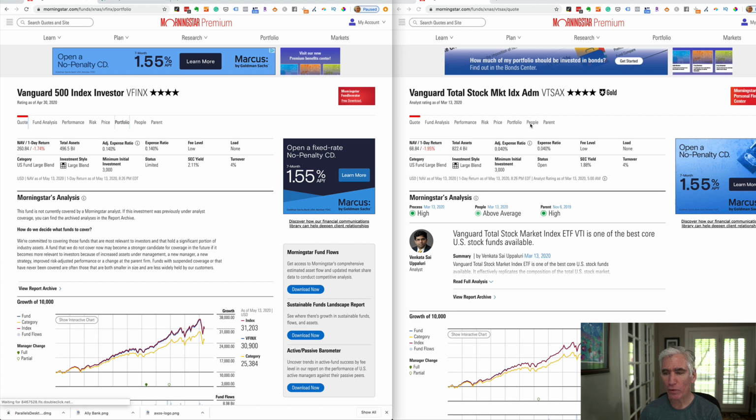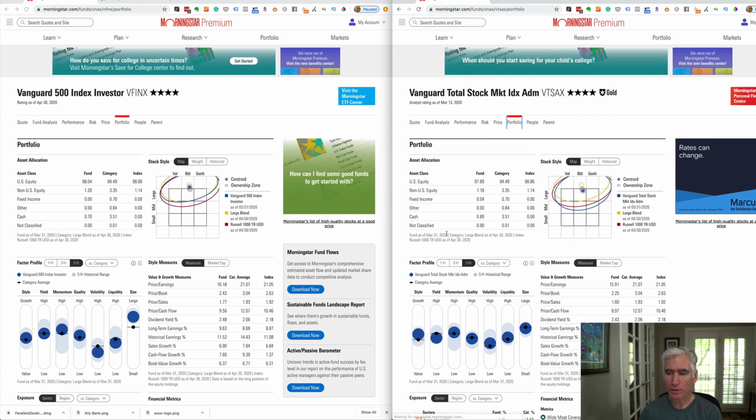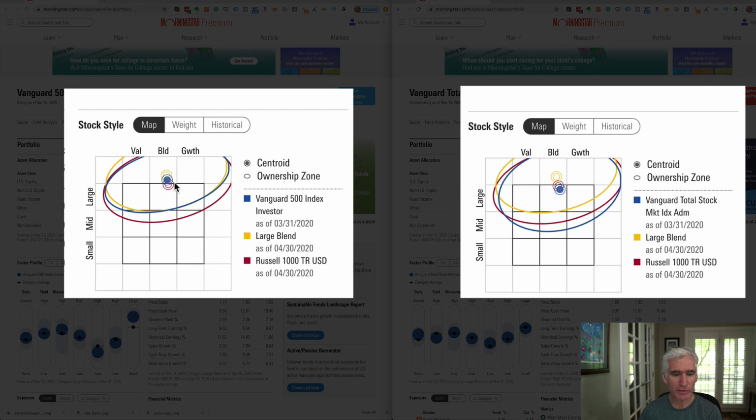But when we go to portfolio, we will see a difference. And here, the difference doesn't look huge. I mean, here, this is the S&P 500. Again, the dot's actually just outside of the tic-tac-toe box. And with the total stock market, it's just under it. And it's like, well, it's a little bit of a difference, but is it a big difference?